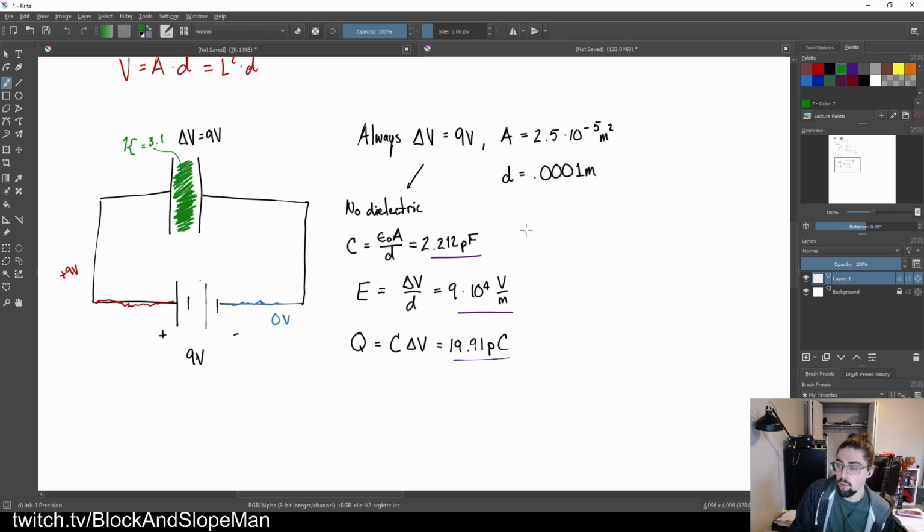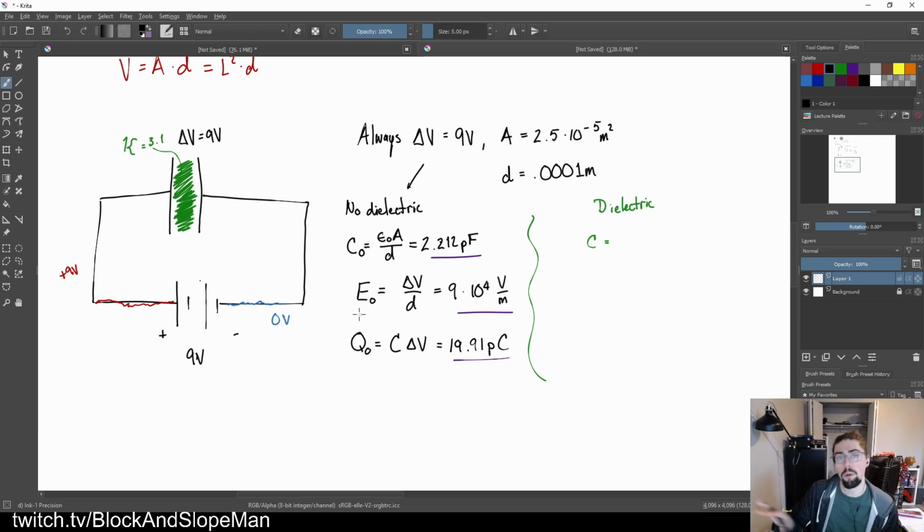So that means we're going to go over into a lot of our dielectric equations. First, we start with the capacitance. Capacitance goes up when I put a dielectric inside. Since we already have all of these values for the vacuum capacitor, the naked capacitor, I'm going to call all of these E naught, C naught, Q naught, just so that we're all on the same page.